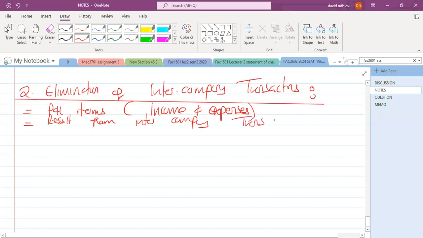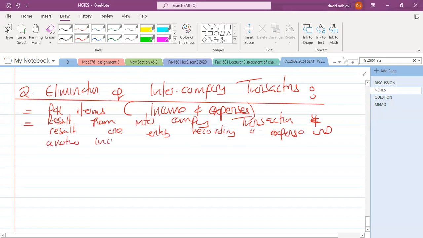These are also resulting from intercompany transactions, and result in one entity recording an expense and another income of the same amount. Right, these cancel out before consolidation.